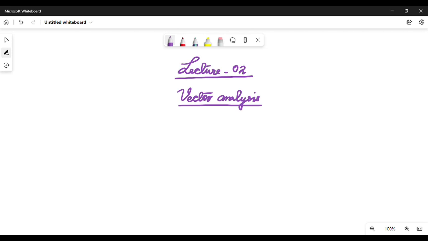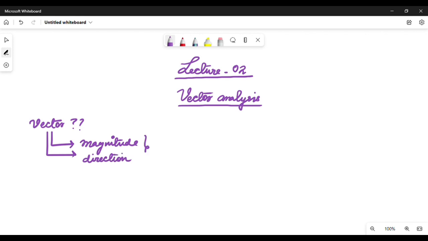So let us begin. First we have to know what a vector is. As you already know, a vector is something that has magnitude as well as direction. So this is the conventional definition that we all know.